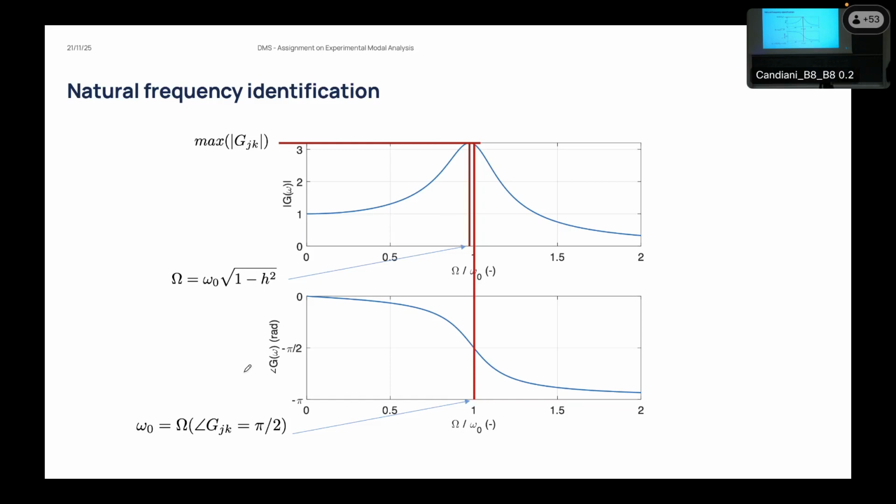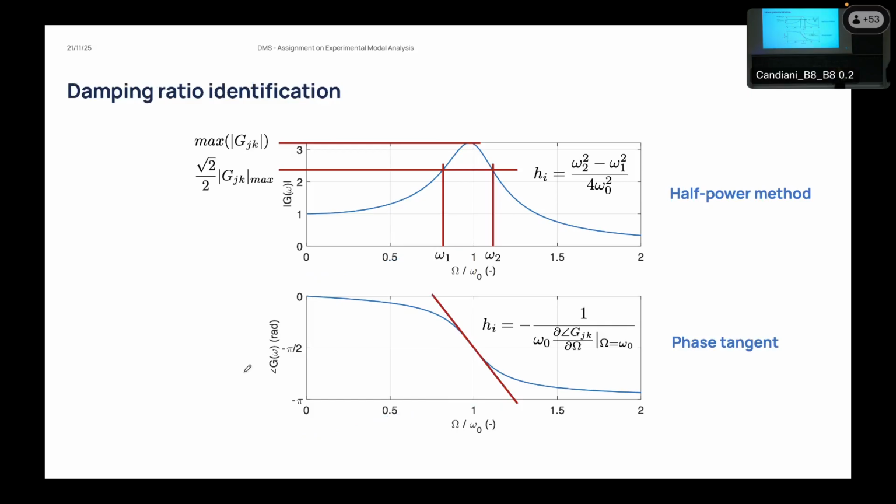That's not it, because looking at the frequency response function, we do have information also about the amount of damping we have for that mode. The height of the peak is directly related to the damping you have. The higher the peak, the smaller the damping.